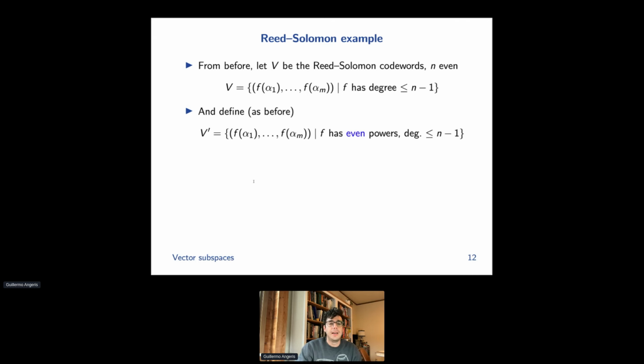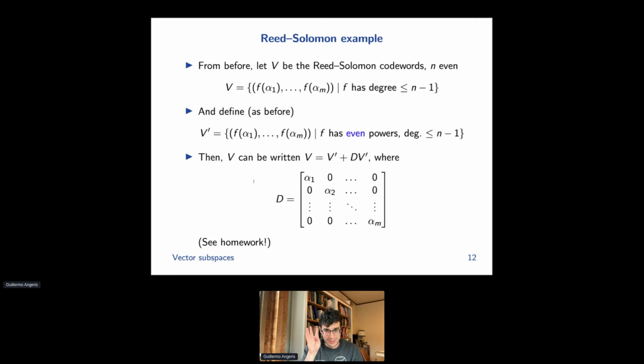What is surprising, and I'm going to leave this one as a homework exercise because it's very easy to see once you sit down and write it out, but hard to explain, is that you can write V as the following sum: the set of even powers, plus a diagonal matrix whose diagonal elements are the evaluation points, times the vector space itself again.